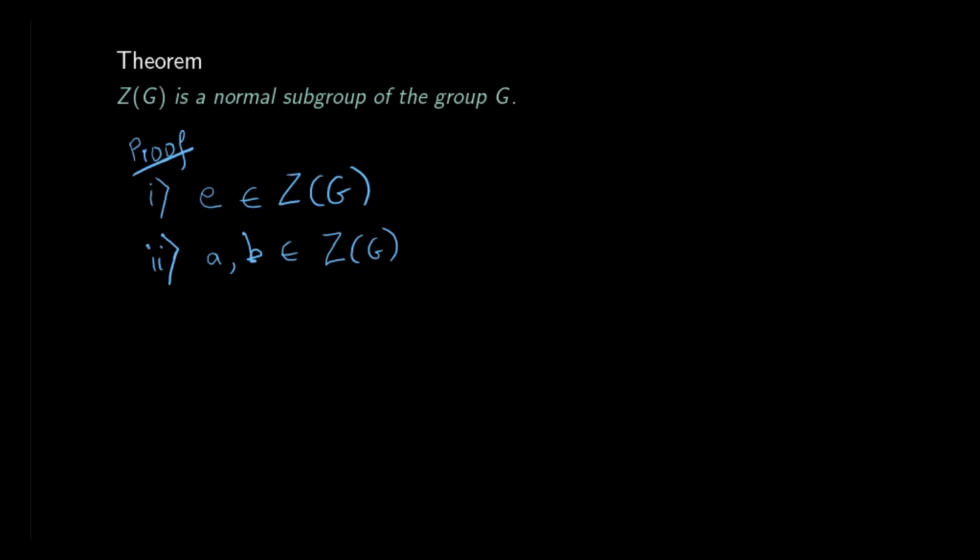Notice that if we have a and b inside Z(G) and any x inside G, then (ab)x will be the same as a(bx). But since b is inside Z(G), bx is the same as xb, and therefore we get a(xb).